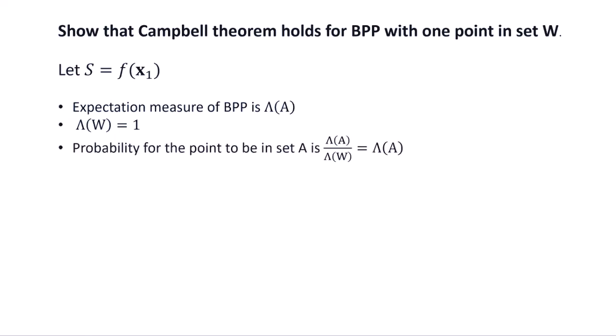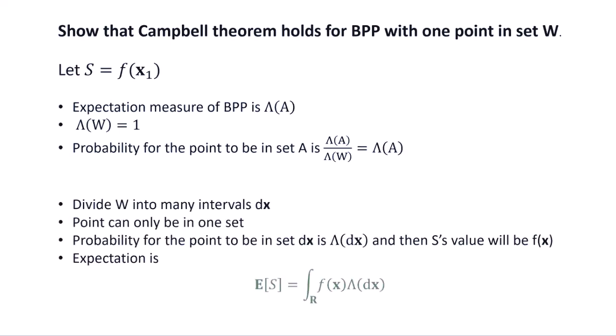So the probability for a point to be in set A is Lambda(A) by Lambda(W). This is from the definition of the binomial point process, that for each point, and there is only one point, the probability to be in A is Lambda(A) by Lambda(W). And because Lambda(W) is 1, it will be just equal to Lambda(A).